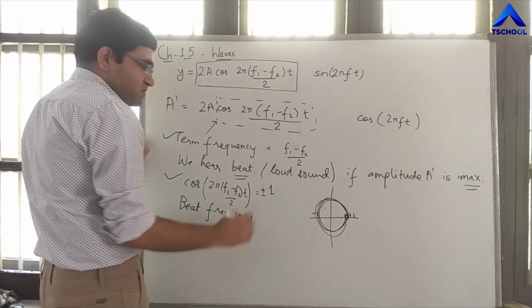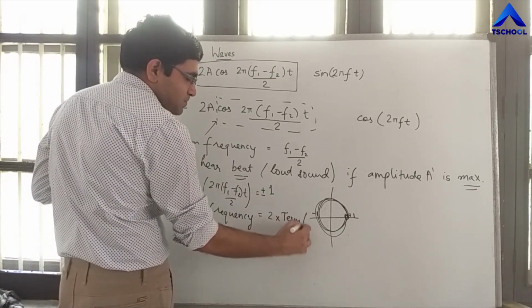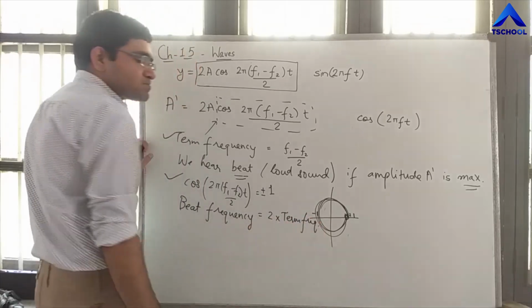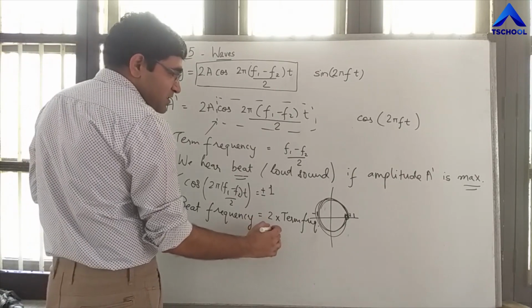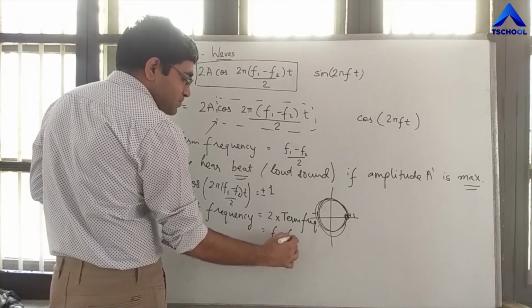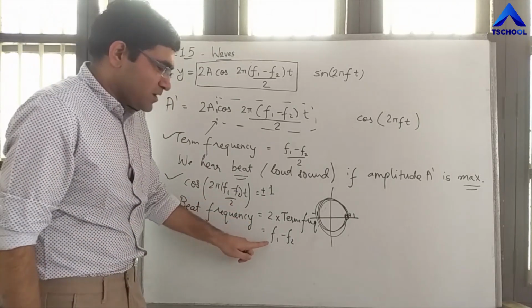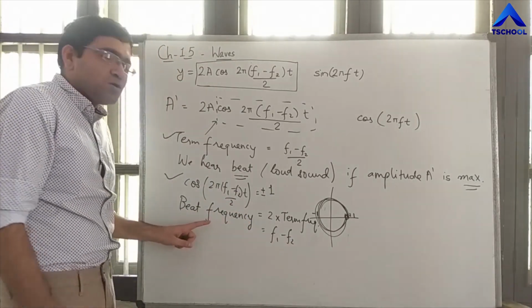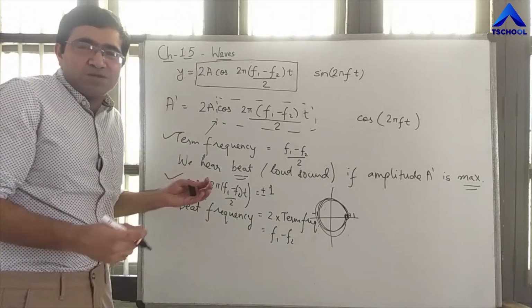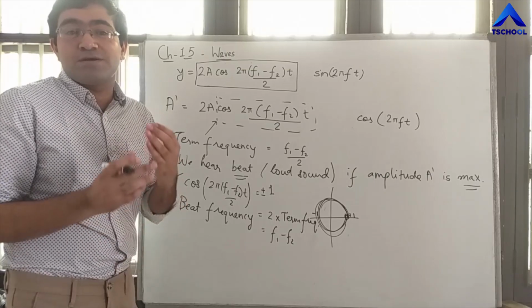Beat frequency is actually double of this term frequency, and that means the number of beats that we'll hear in 1 second is f1 minus f2, which is obviously also called beat frequency. Frequency refers to how many times something happens in unit time.